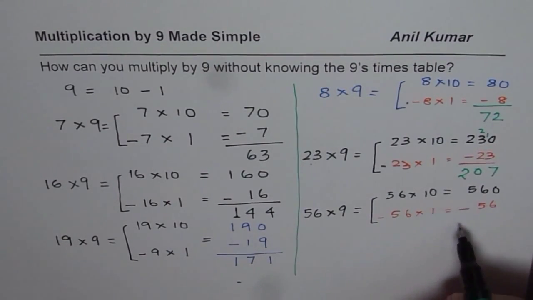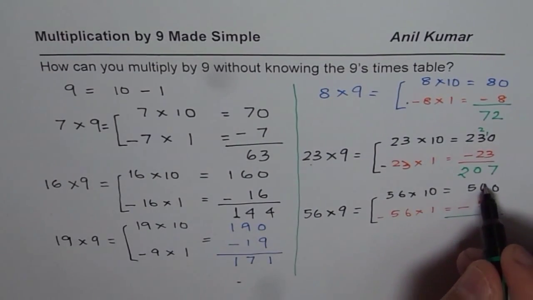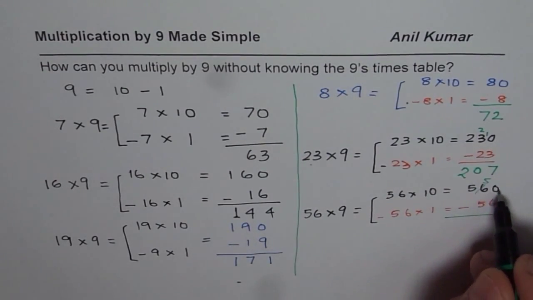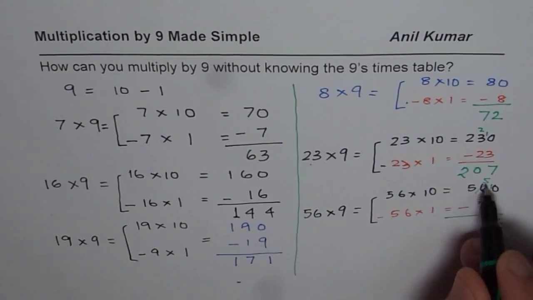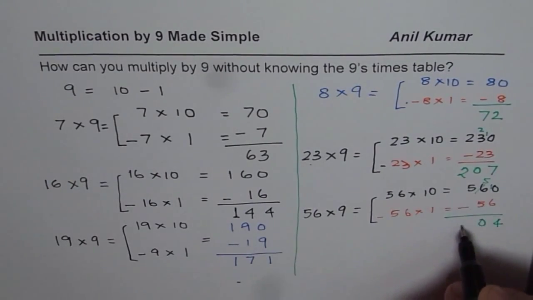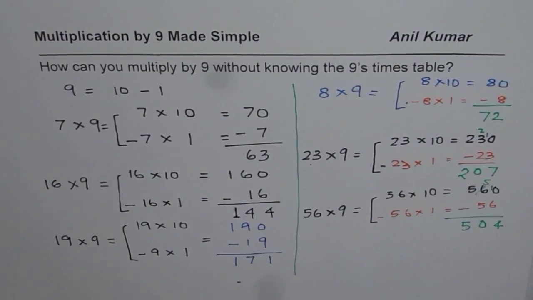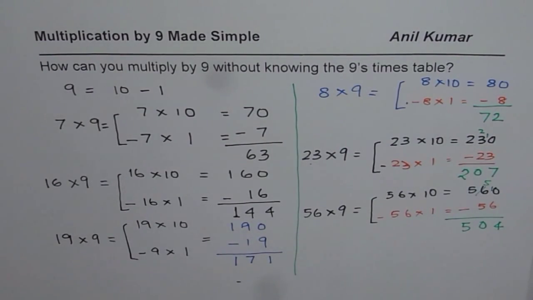What do you get? You need to borrow, right? When you borrow, you get 10 here, you get 4, 5 take away 5 is 0, and then 504. So that is how you should be doing multiplication by 9 without even knowing 9's times table, right?